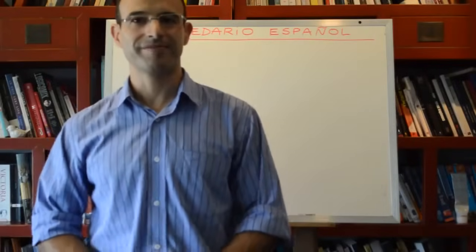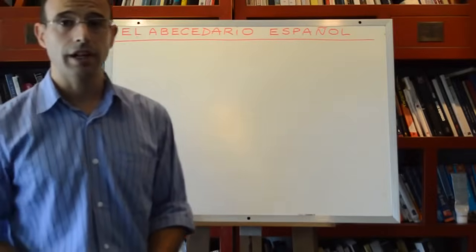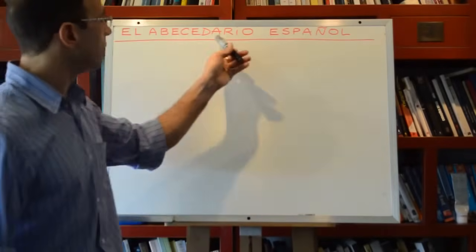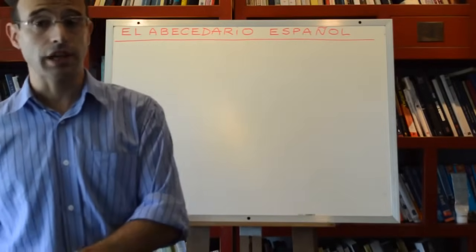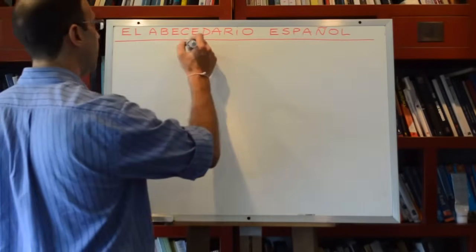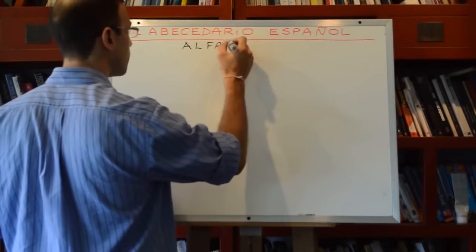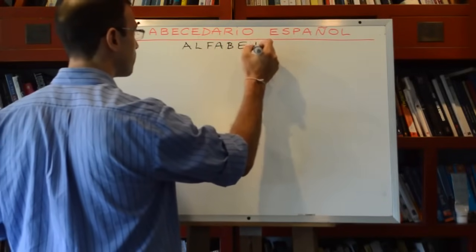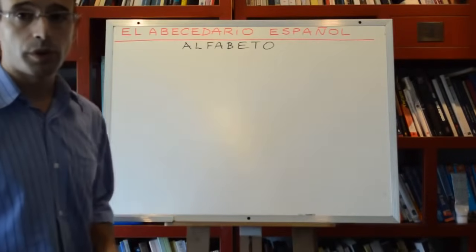Hi and welcome back. Let's continue reviewing the Spanish alphabet, okay? El abecedario español. El abecedario español. This means the Spanish alphabet. There's another word for abecedario, which is alfabeto, okay? Alfabeto is also a masculine word in Spanish.